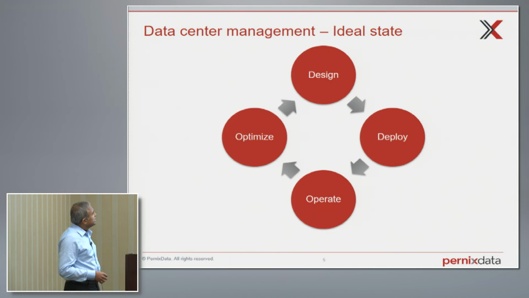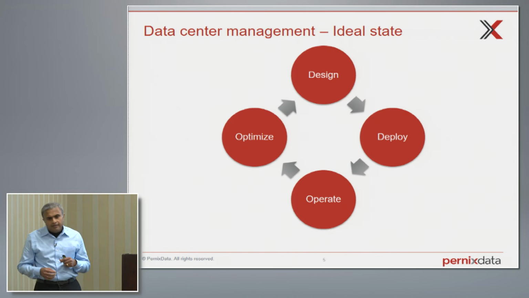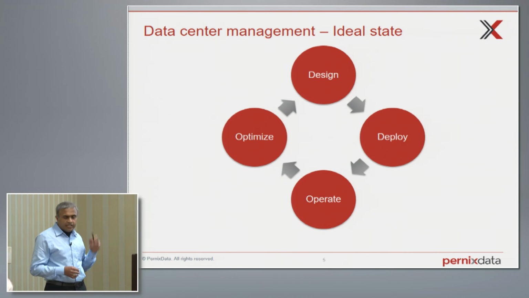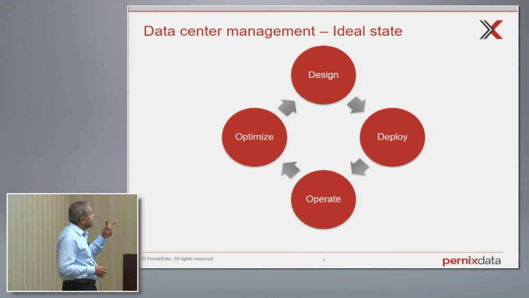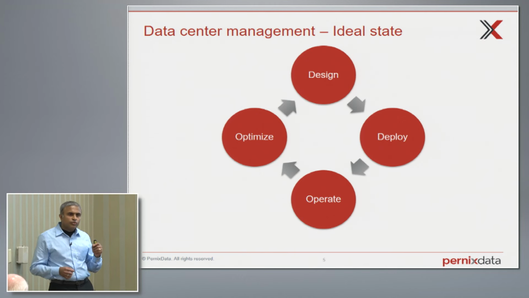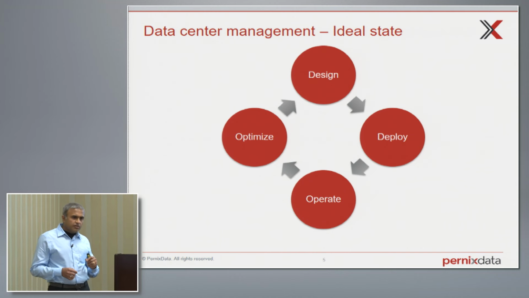But where we want to be is this, right? In the ideal state, you will be using data to design, deploy, operate, and optimize your data center. You will be having a tight loop around those so that there's a feedback loop going, and you're able to constantly do this. And not only that, with your data, you're able to predict when something bad is going to happen, or when some change is going to happen.